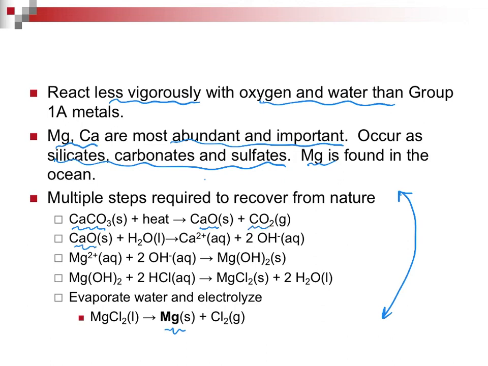That calcium oxide is then dissolved in water to make calcium 2+ and produces some OH-. That OH- is funneled in to react with some magnesium 2+ to make magnesium hydroxide as a solid. That would be reacted with hydrochloric acid to make magnesium chloride as a solid, and then that would undergo electrolysis to produce the free magnesium metal.